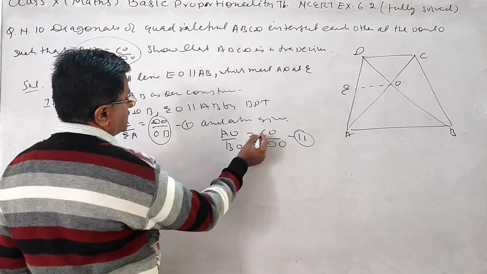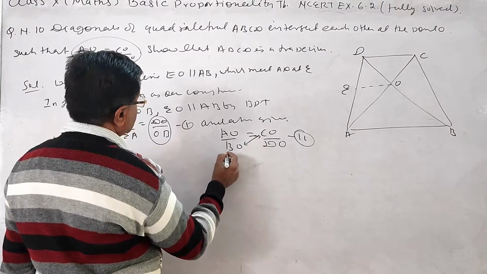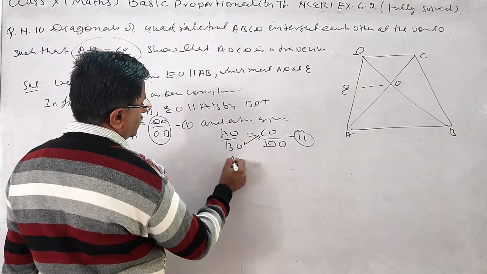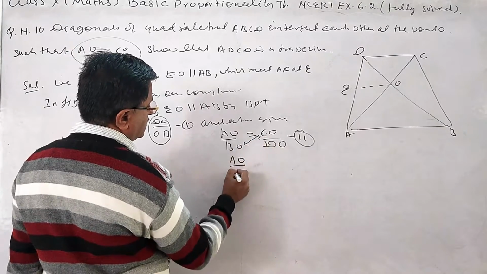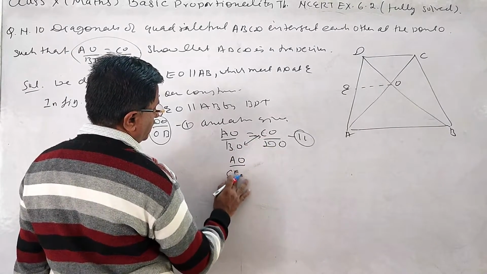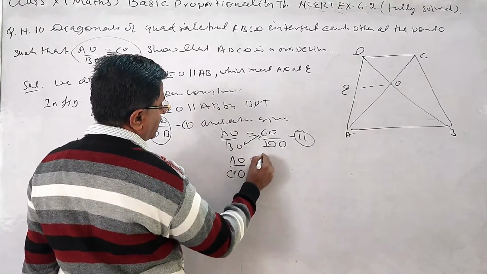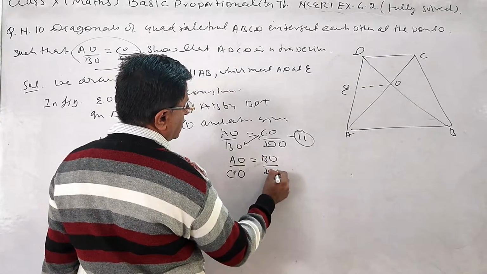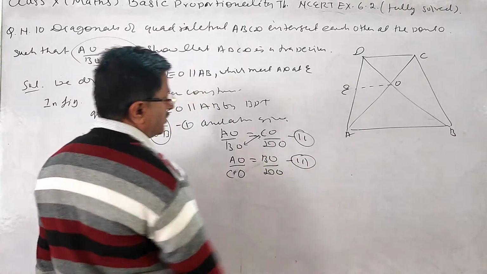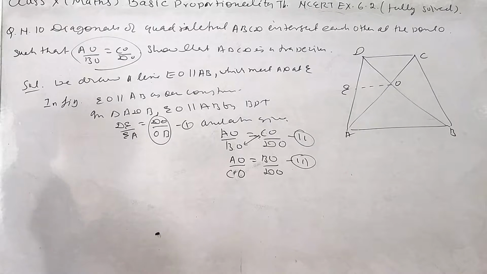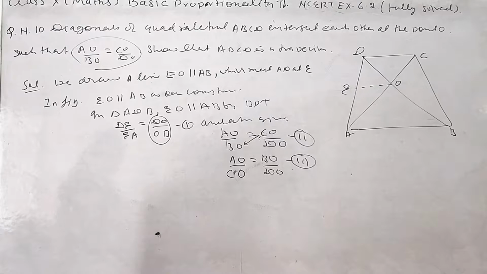So this can be interchanged. So we get here AO upon CO. This is very important, to interchange the numerator and denominator. Equal to BO upon DO. Clear? So what we get, AO upon CO equal to BO upon DO.